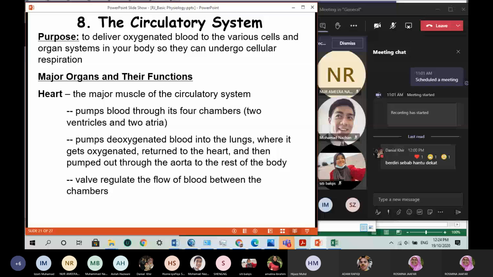And you have right heart and left heart, because the right side of the heart comprises the blood that is less oxygenated, because the right atria receives deoxygenated blood, but the right ventricle will send the deoxygenated blood to the lungs, and from the lungs it returns to the atria of the left side.